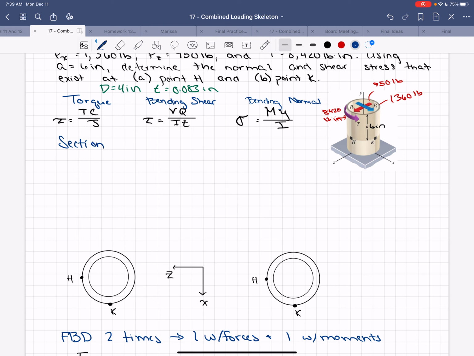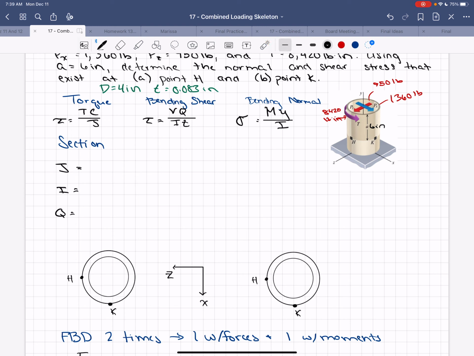We're going to need J, I and Q. The nice thing about these circular sections is that Q will be the same whether we're calculating it for K or for H. It's just the force that will change, so we can calculate all of these right away.